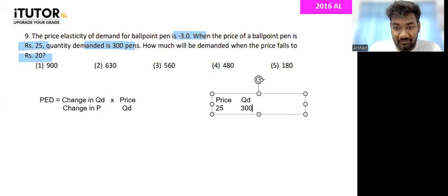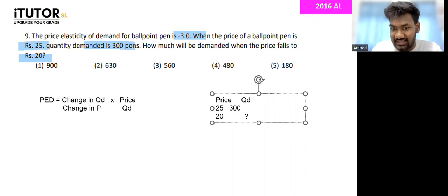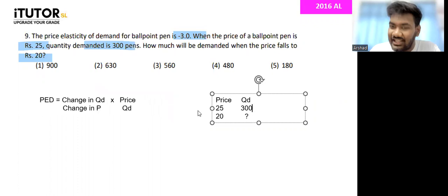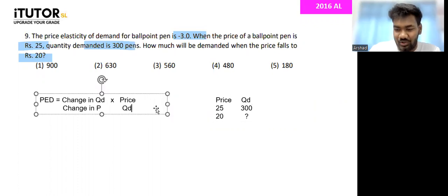They are asking, when the price is 20, how much is the QD? That's what they're asking, no, guys. So how do you find that? You can use the PED equation. If you can find the change in QD, then you can get the QD. So let's substitute to the PED equation.